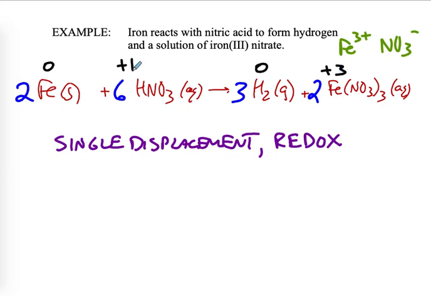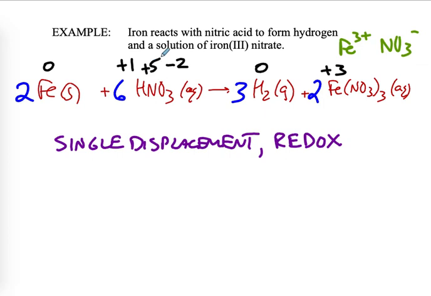To determine the oxidation number of nitrogen in nitric acid, I need to use the fact that the sum of the oxidation numbers of every atom in the formula is equal to the overall charge in the formula, which in this case is 0. Each of the 3 oxygens has an oxidation number of -2. 3 times -2 is -6. Plus 1 is -5.